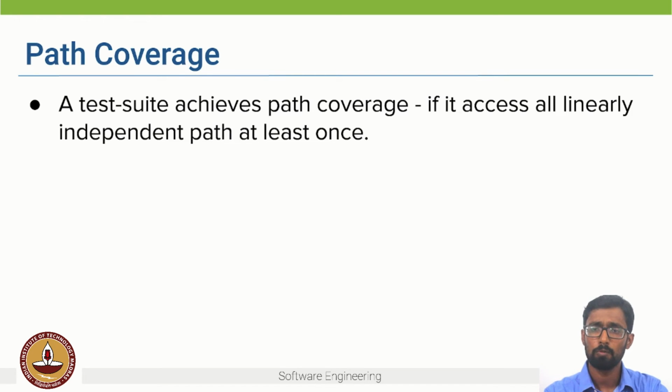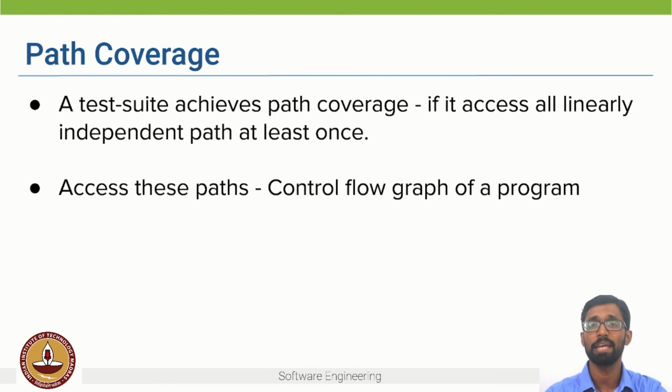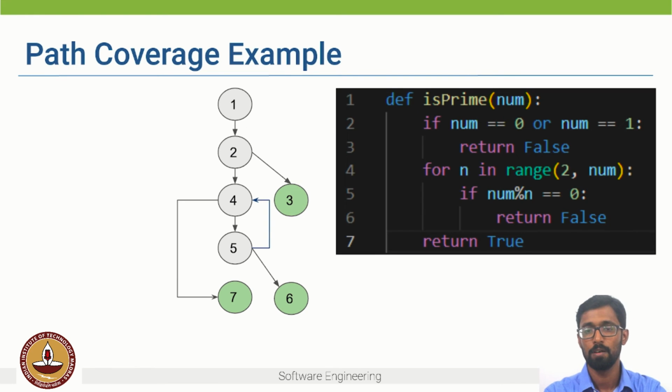We can see which are the linearly independent paths of a program by constructing what is known as a control flow graph of that program. So let's take an example. This is the same function isPrime, which takes a number and returns true if it is prime.